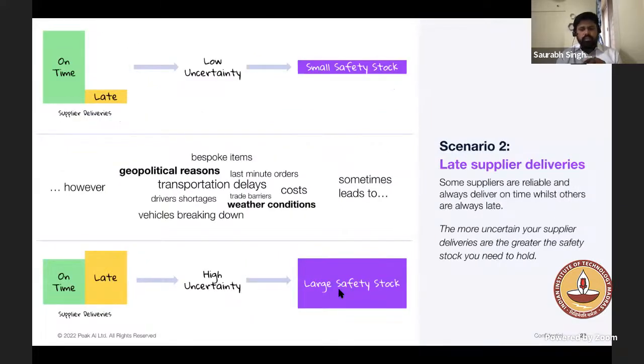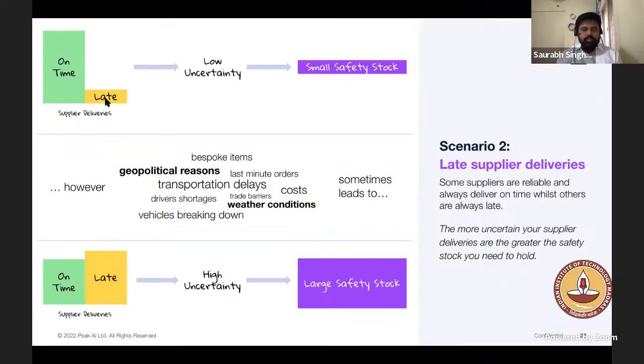Now moving on to another scenario, your uncertainty can come through late supplier deliveries. As mentioned, suppliers can be reliable or unreliable. The more unreliable they are, the larger the safety stock you need to keep. The less unreliable they are, the less safety stock you need to keep. Most of the time your supplier delivers the required material on time.